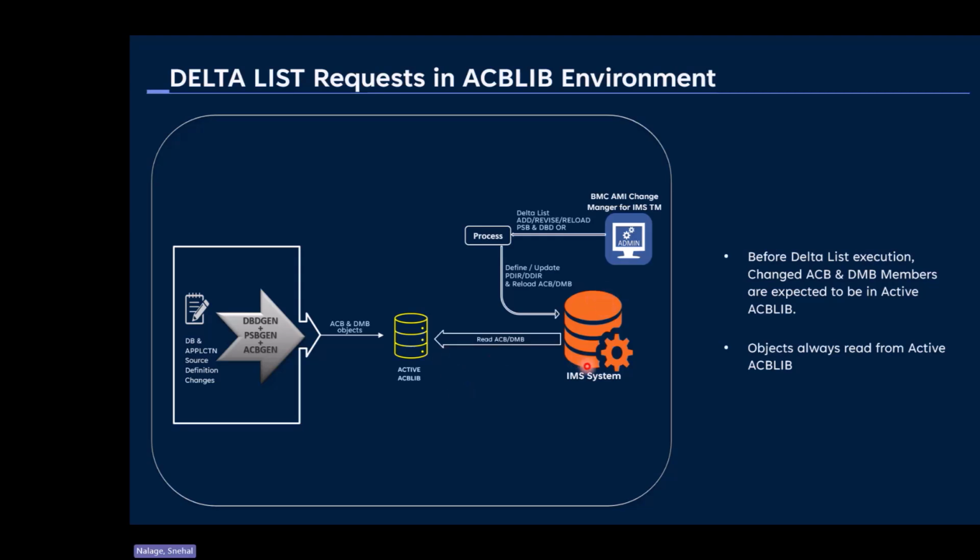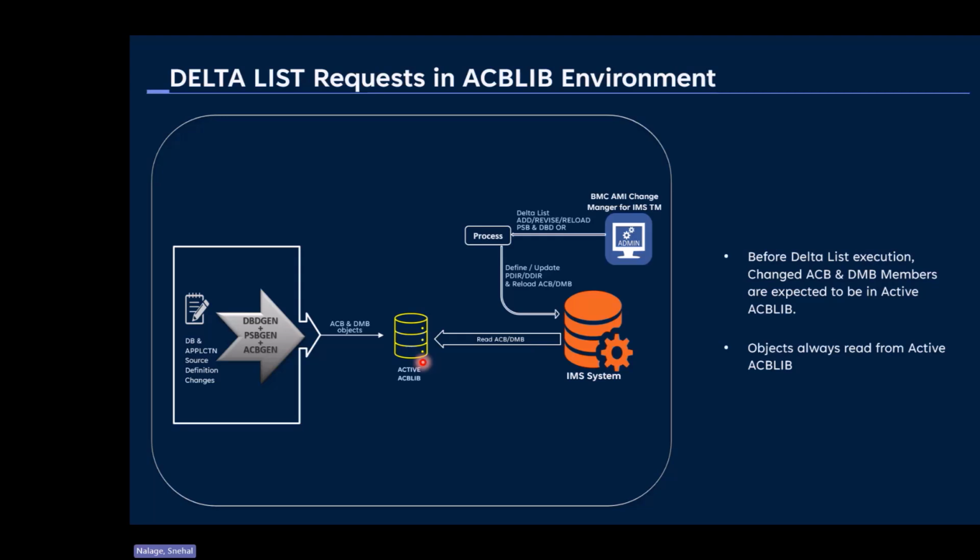And then it reads the new copy of the PSB and the DMB member from the active ACB-lib. If the PSBs and the DMBs are defined as resident, those will be made non-resident until the next restart, and they will be loaded when the next PSB is scheduled for those members.